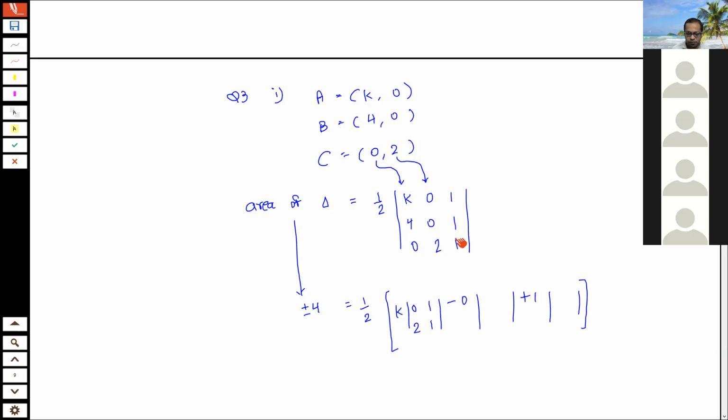Four, 1, 0, 1. Okay, you have written like this. So 4, 1, 0, 1. And in this position, we will get these 4 numbers, 4, 0, 0, 2.